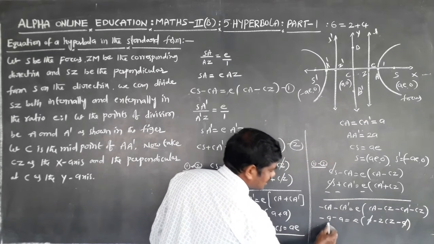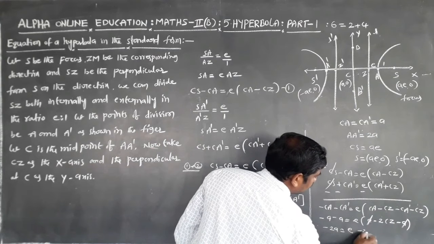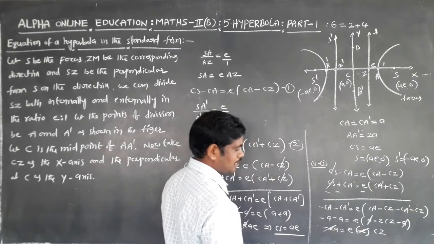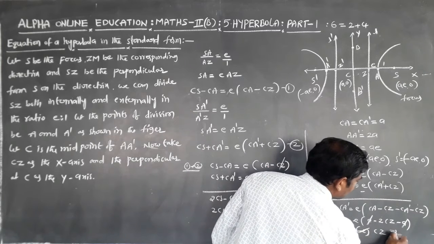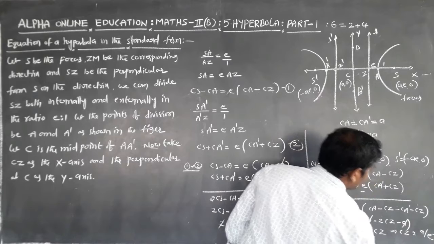AA cancels. Minus a minus a, that is minus 2a, equal to e into minus 2CZ. Both sides minus 2 cancel. Here CZ equal to a by e.